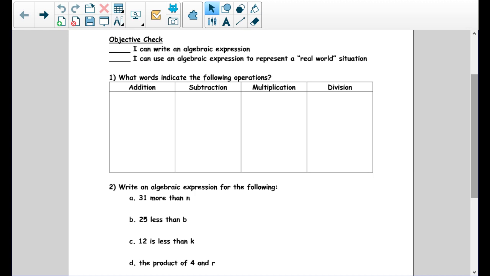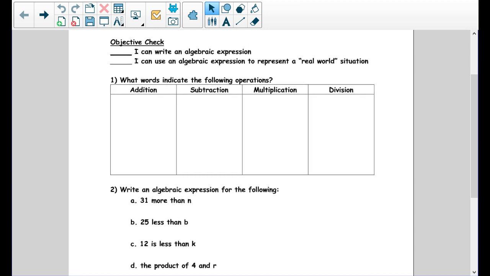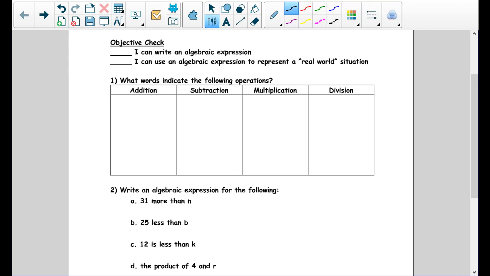Words that indicate addition. What words mean addition? Add. Plus. Sum. Now, what does sum actually mean? The answer, yeah.